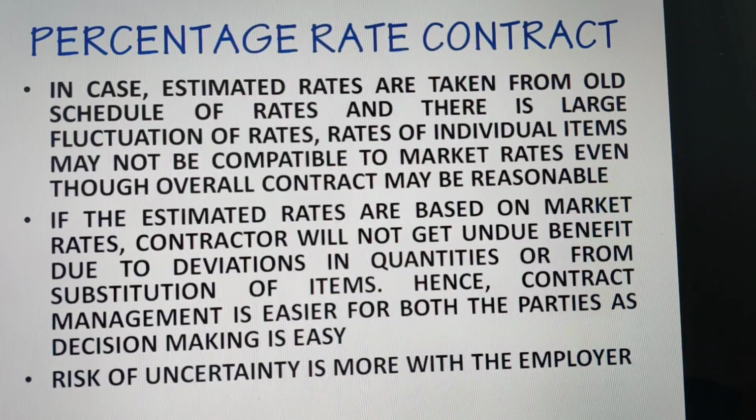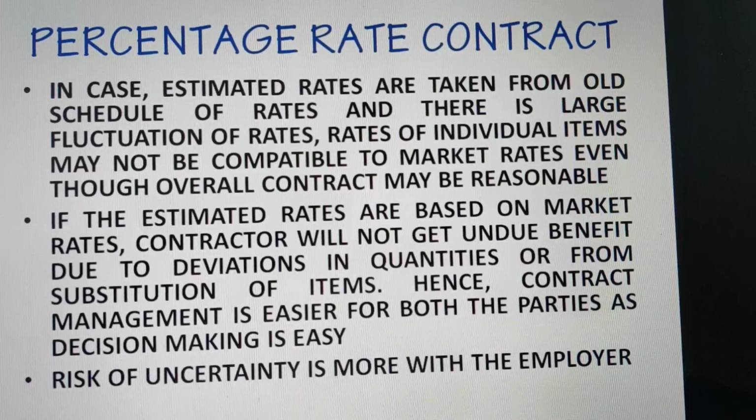In this case, estimated rates are taken from an old schedule of rates, and if there is large fluctuation, rates of individual items may not be comparable to market rates, even though the overall contract may be reasonable. In case rates are based on current schedule of rates, there is no problem.